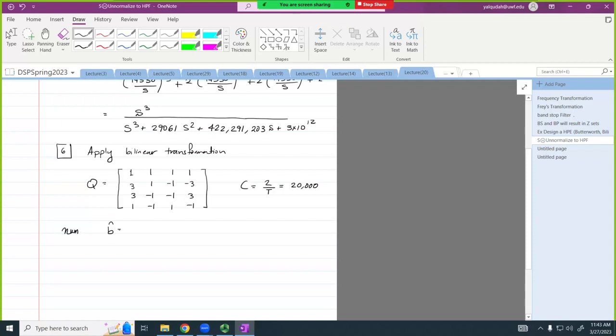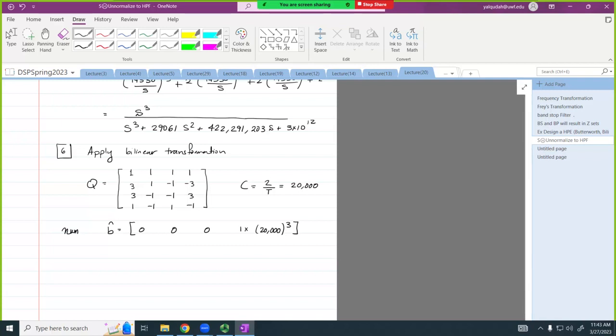We have B hat that is equal to 0, 0, 0, 1 multiplied by 20,000 cubed: C to the 0, C to the 1, C squared, C cubed. 1 is coming from the numerator.